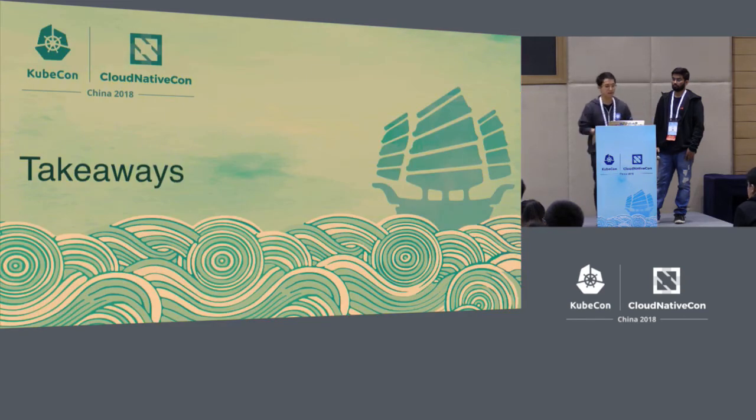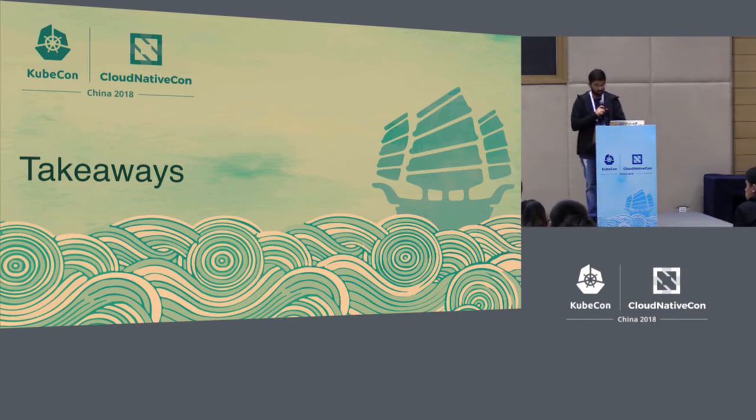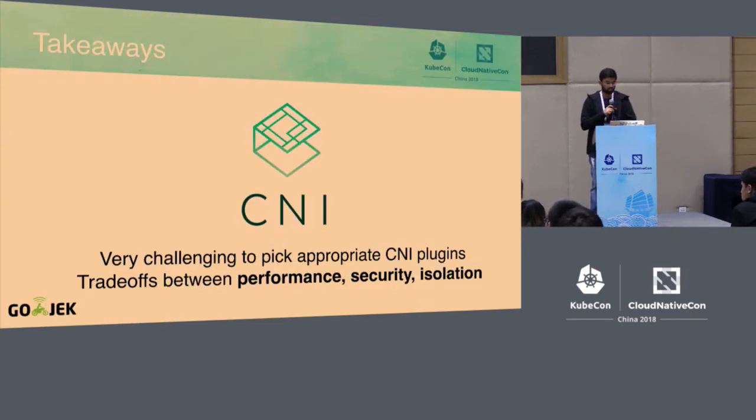Vijay is going to share what the takeaways are that we can learn from this. Okay, so for takeaways, starting with the CNI itself, in general it's very tricky to pick the appropriate CNI plugin, because it totally depends on the use case and where you are running that particular Kubernetes workload and cluster.